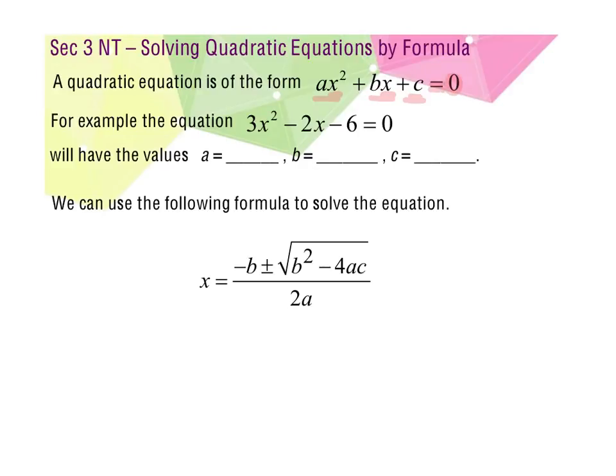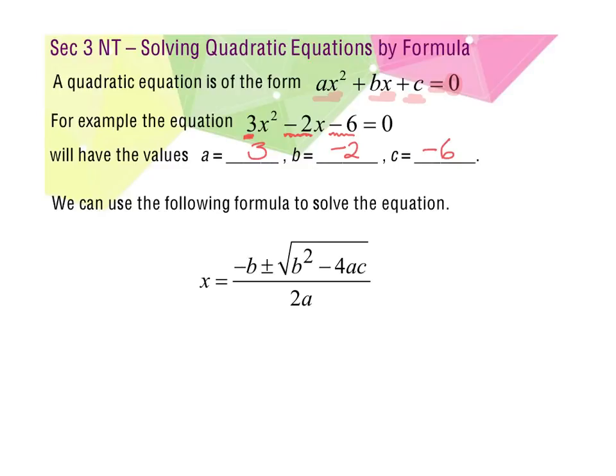0. Now for example, in the equation 3x squared minus 2x minus 6 equals 0, we will have the values for a to be the number of units of x squared, so a will be 3. b is the number of units for x and must include the sign, so b will be negative 2, and c is the number including the sign, so this will be negative 6.